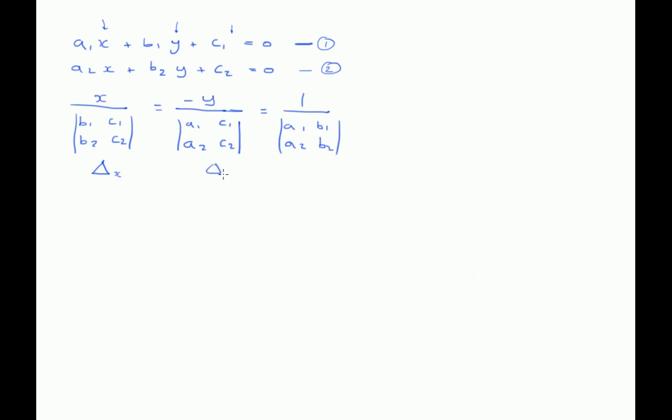This one we'll call determinant y, and this one determinant units. So we have x over the determinant of x, equal to minus y over the determinant of y, which is equal to 1 over the determinant of units. Okay, and that's the general case.